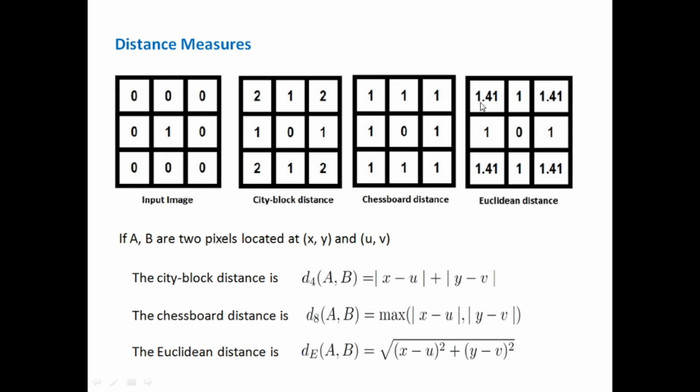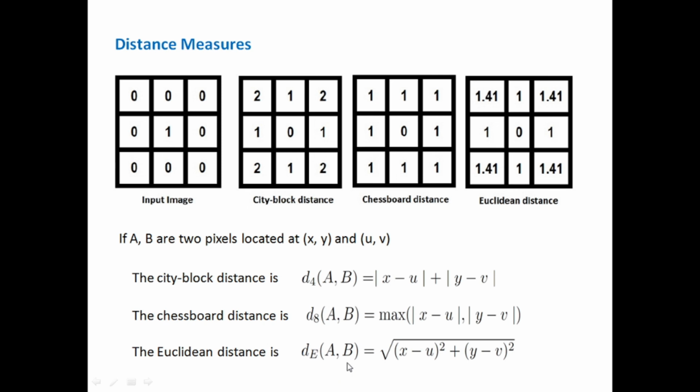So for example, in the concept of Euclidean distance, assume that this central pixel is at location 0 0, then 0 1, 0 2, this is 1 0, 1 1. So it is the 1 1 location and it is the 0 0 location.